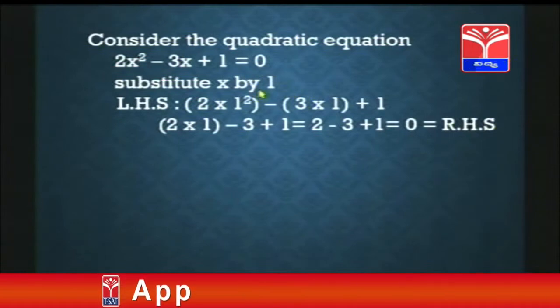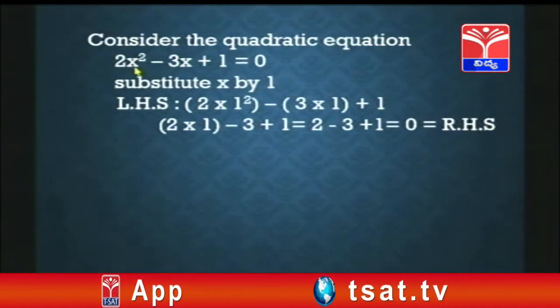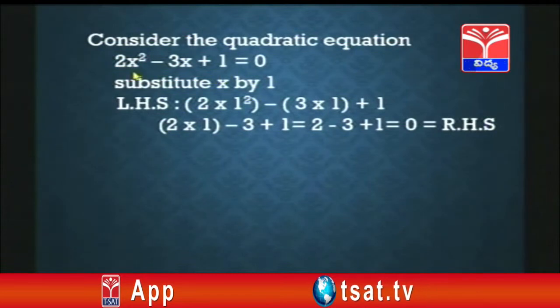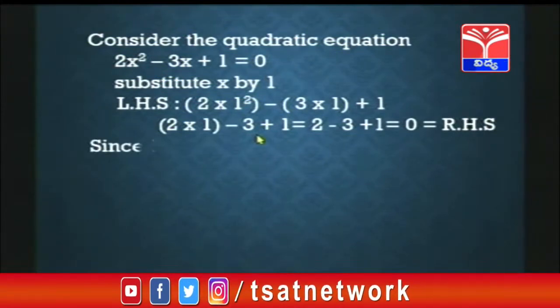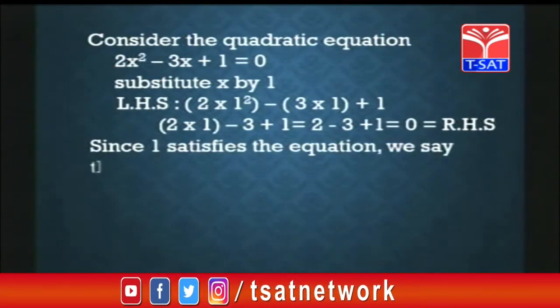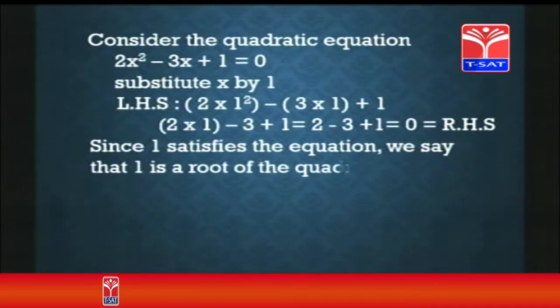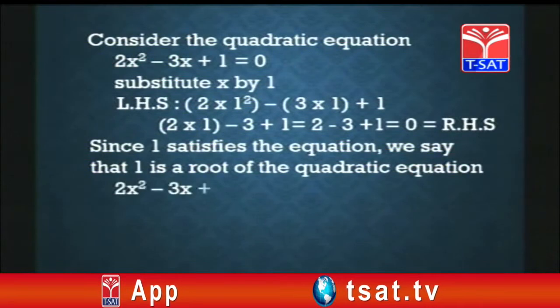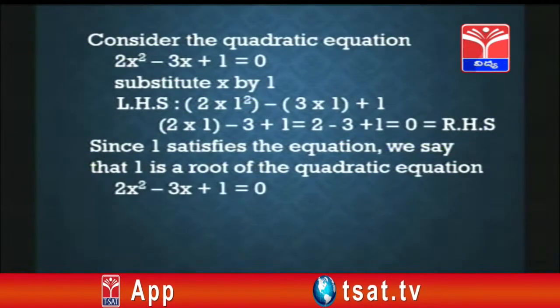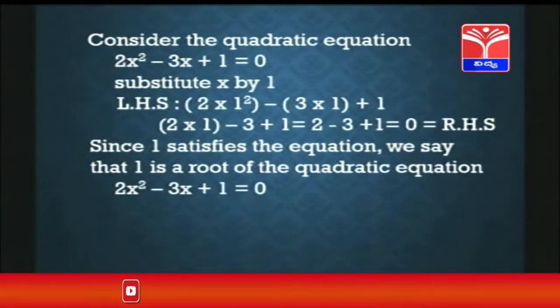So by substituting 1 in the place of x in the given equation, I am able to get the LHS equal to RHS. Thereby I can say 1 satisfies the given equation. Therefore 1 is a root of the quadratic equation 2x square minus 3x plus 1 is equal to 0.